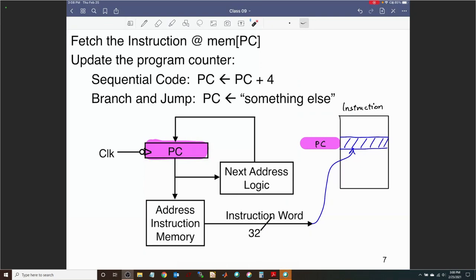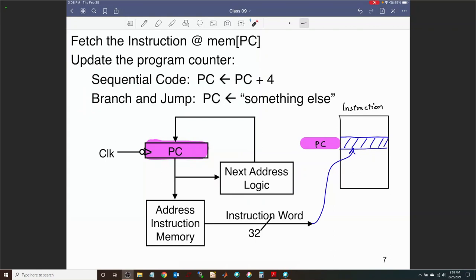Now, you don't just do it once, you have to do this as long as you keep getting instructions. And we said we have two options. One is to do it sequentially, or do it using a branch or jump, which means I need some combinational logic that allows me to compute the next PC contents, the next address.